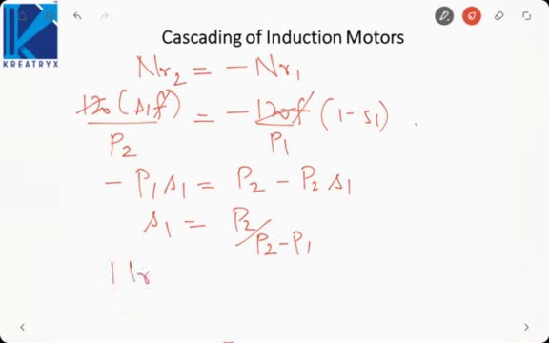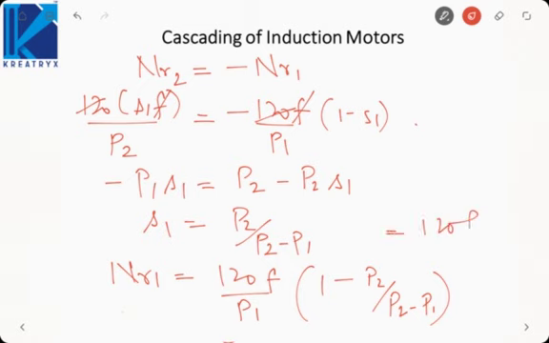So the rotor speed will be 120 into F by P1, into (1 minus P2 by (P2 minus P1)). This will be 120F by (P1 minus P2). That is the case for differential cascading, and that will be the speed of your first induction motor. The speed of the second will be 120F by (P2 minus P1), because both are opposite of each other.